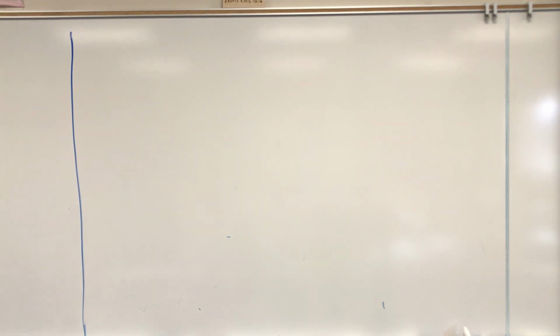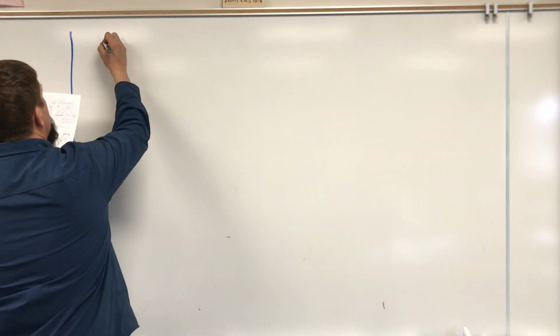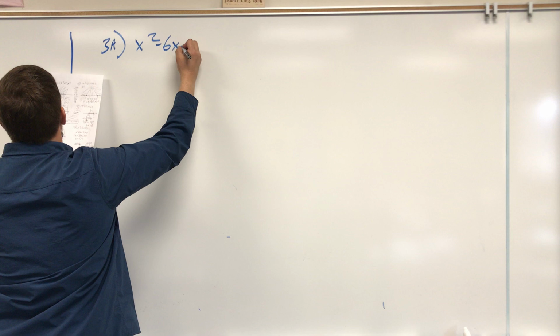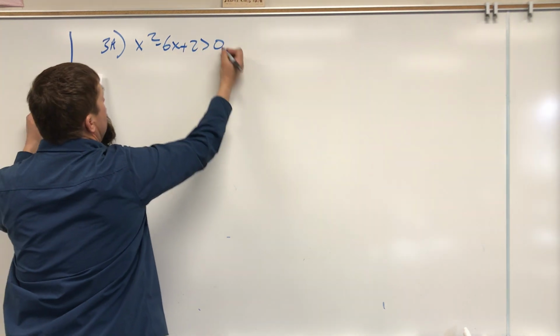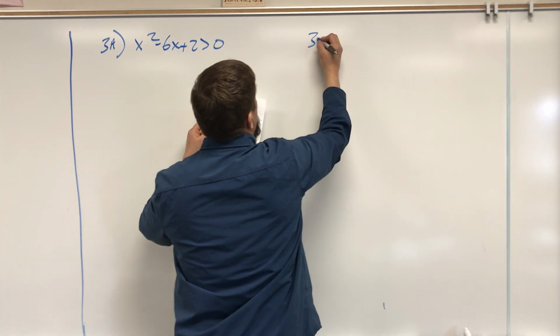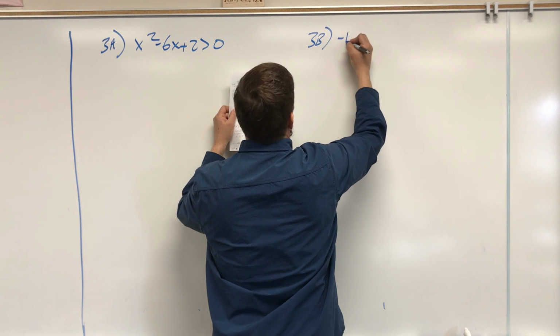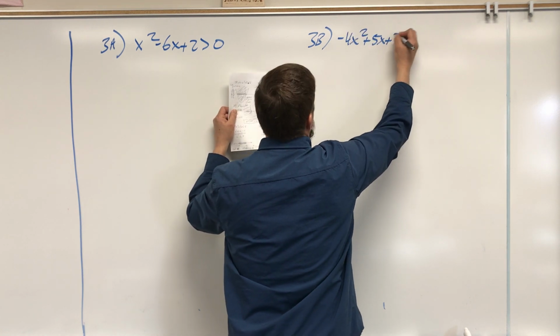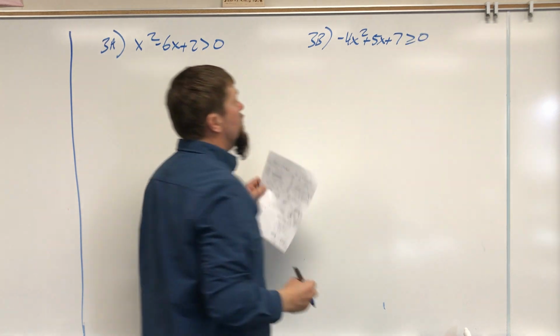Okay, so example 3A in the book is x squared minus 6x plus 2 is greater than 0. 3B is negative 4x squared plus 5x plus 7 is greater than or equal to 0.